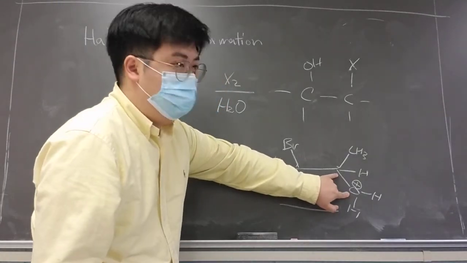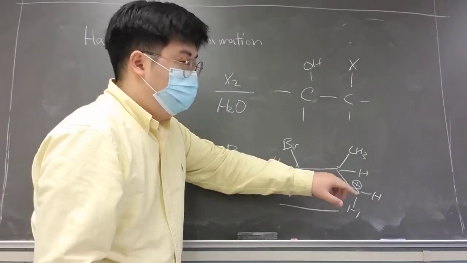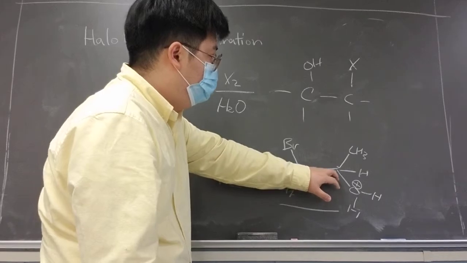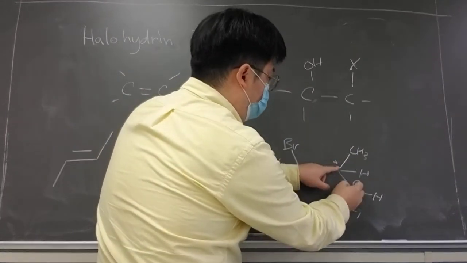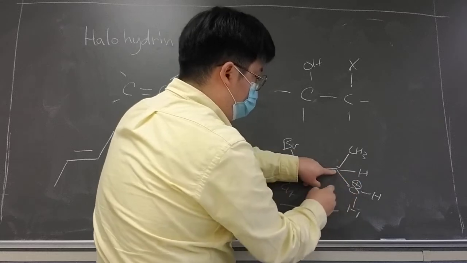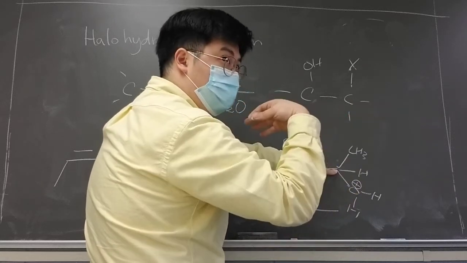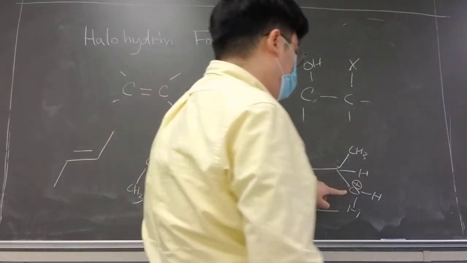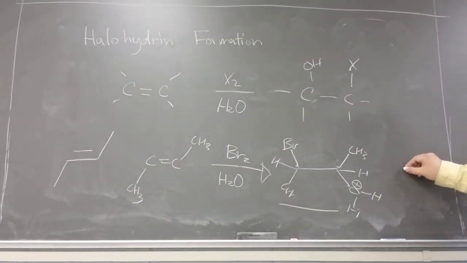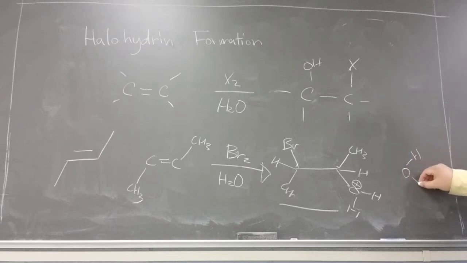Because now it's neutral water, but it's donating a pair of electrons to this carbocation, and then this bond is gone because the carbocation got an electron donated from the water, but the water is now missing one. So what happens next is the water comes, and then it grabs this one.